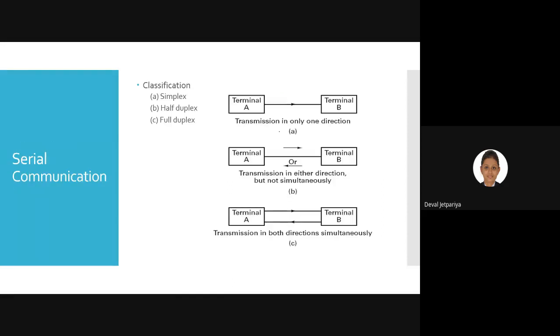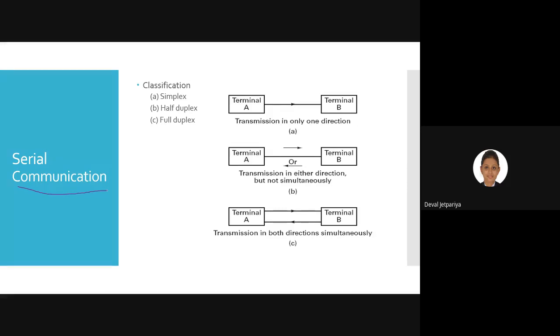Okay, so after that, the next is serial communication and its types of communication. Make sure that here we are simply discussing what type of communication mode of transmission we have, right? We are simply discussing serial communication, not parallel communication, right?